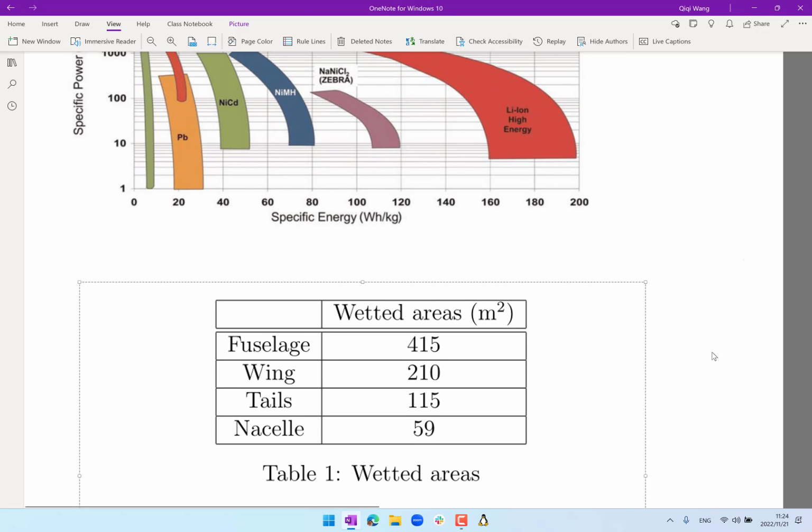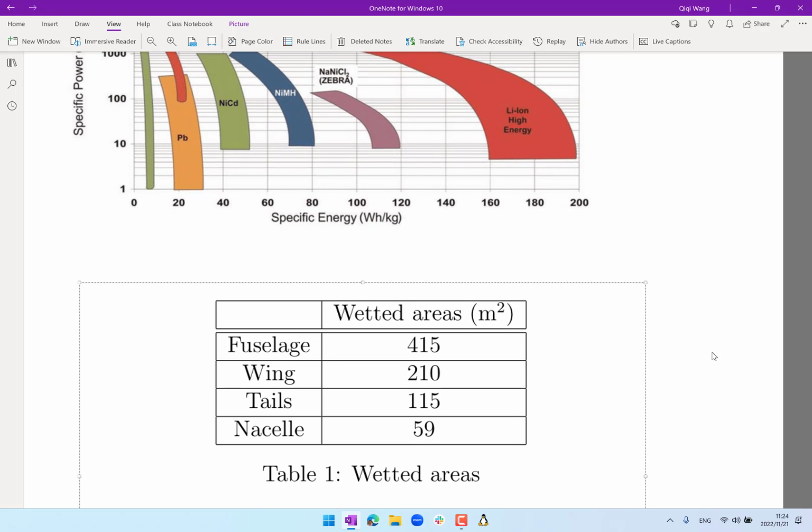Yes? Do you not care about wake turbulence? So the answer is you don't have to consider wake turbulence per se, but you do want to consider the effect of the wake on the other airplane.